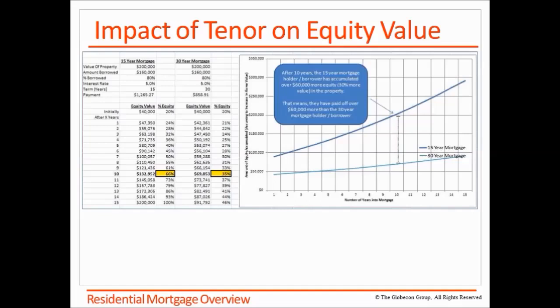So you see how the shorter the term and the greater the payment, the much quicker equity increases in your home. So that's why it's important to look at the term and get the shortest term that you can afford, to build that equity quickly over time.